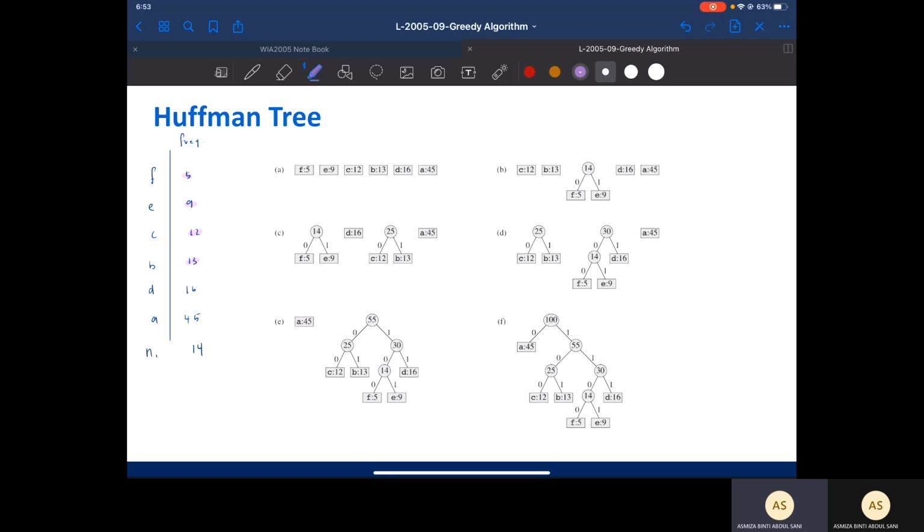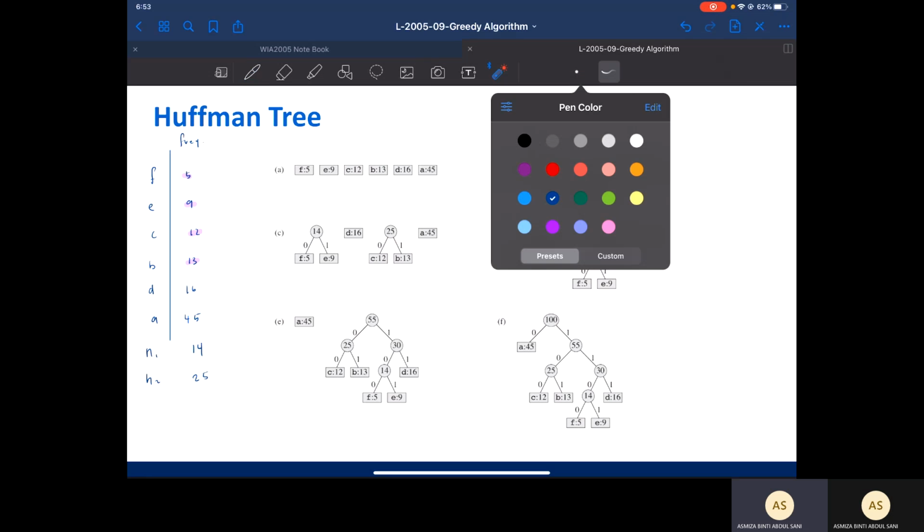So we do the same thing again: we have 12 and 13, and we add them to create an internal node of value 25. We call this N2, which is 25.